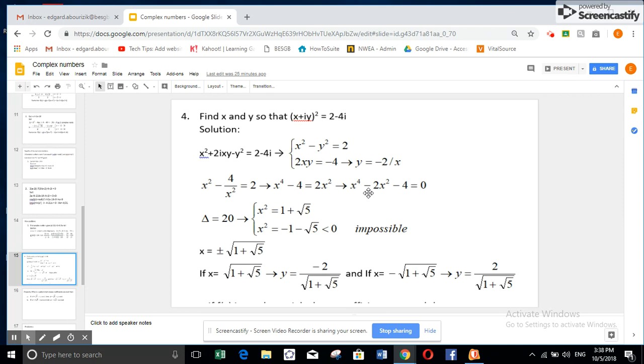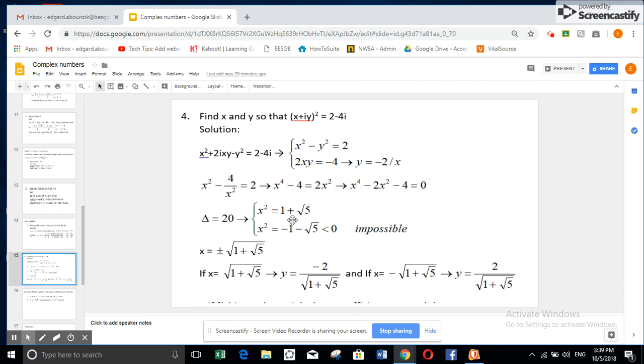I have an equation of fourth degree, but it can be reduced to second degree: x to the 4 minus 2x squared minus 4. So if I do delta, b squared minus 4ac, I'm going to get 20. Instead of writing x squared, I write X, because it's in x squared, it can be reduced.